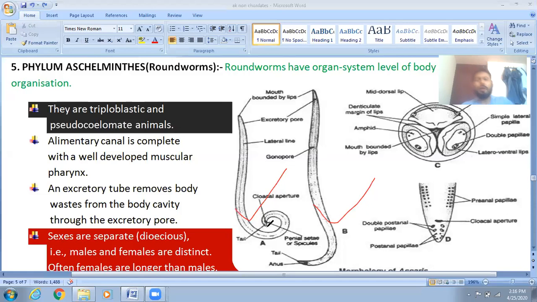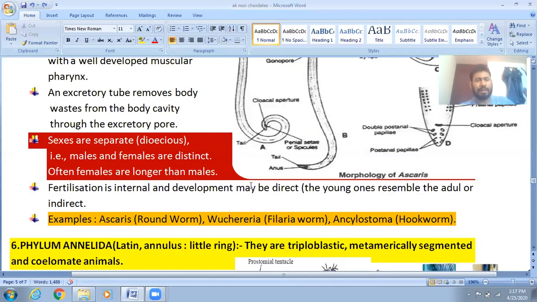And if you see one more thing, the curvature at the anus end: the curvature is found in the male, and the female has no curvature. With the help of this figure, you can easily understand the difference between male Ascaris and female Ascaris. And here they have given the fertilization. If you check, fertilization is internal, and development may be direct or indirect.